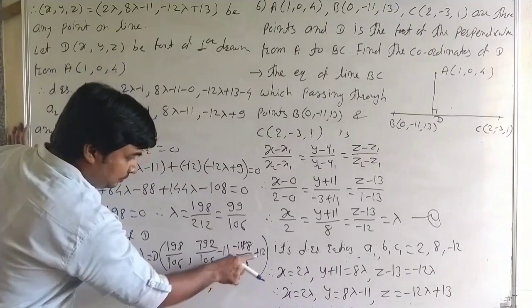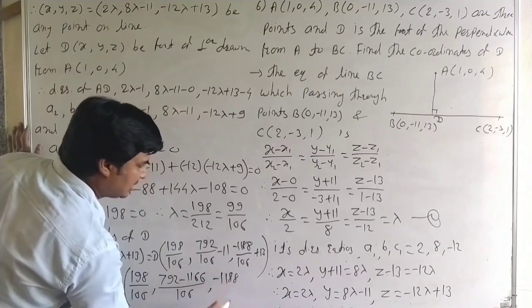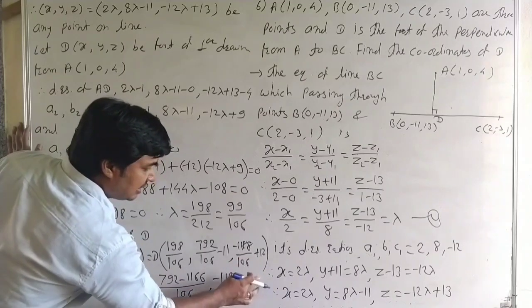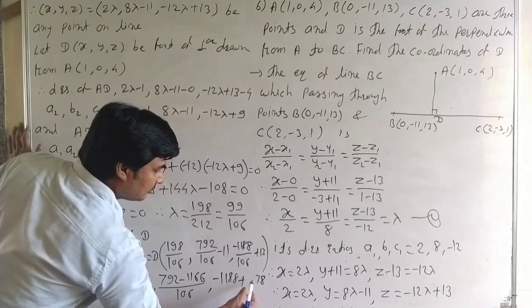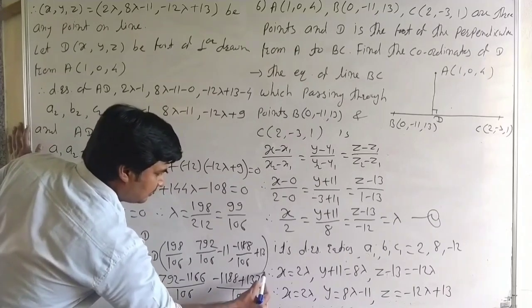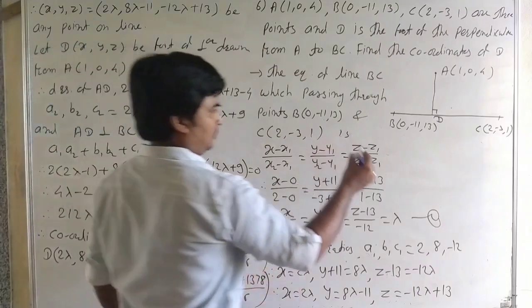Again here 13 into 106, it is minus 1188 as it is, plus 13 sixes are 78, so 1378 upon 106. Now we calculate this.